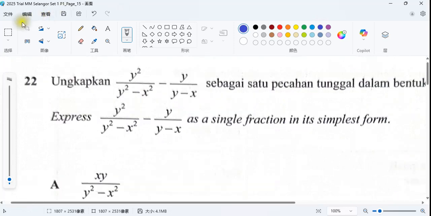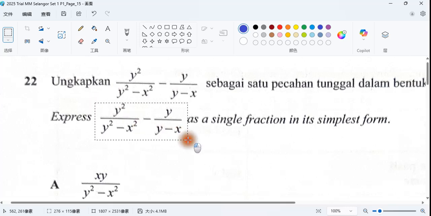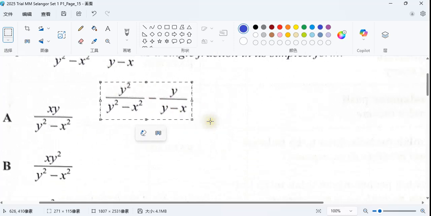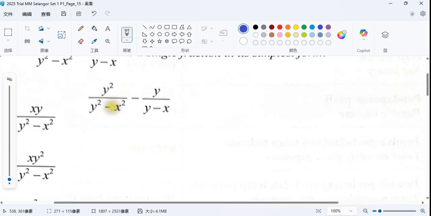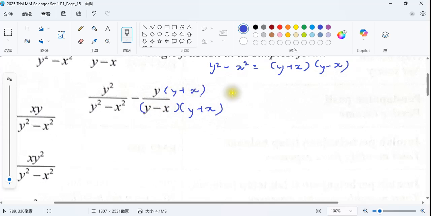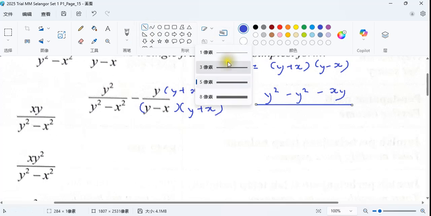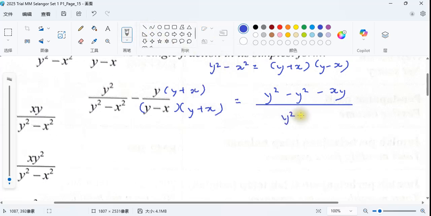Okay. Question number 22. Express this as a single fraction in its simplest form. So for this one, this is y squared minus x squared. So y squared minus x squared is actually y plus x, y minus x. So here we multiply with y plus x, then only their denominators become the same. So it will become y squared minus xy over y squared minus x squared.